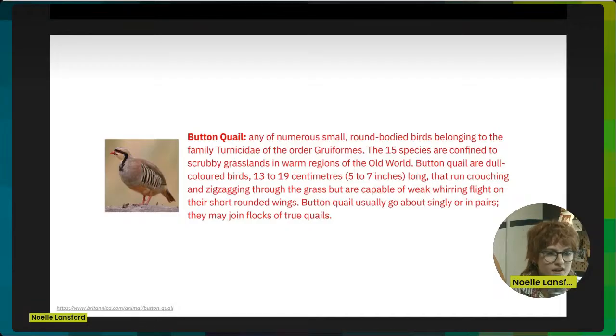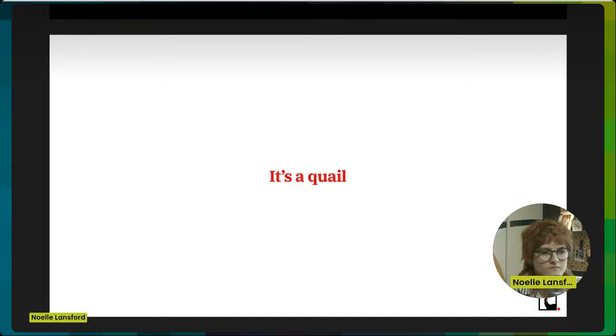It's a quail, right? Just to call out a really lovely line is, they run crouching and zigzagging through the grass, but are capable of weak whirring flight on their short, rounded wings. That's a fun line. But all that to say, we know that it's a bird, right? So it's a quail, right?